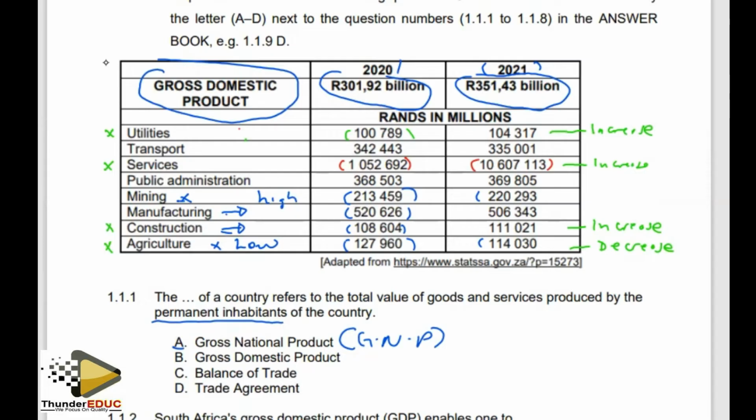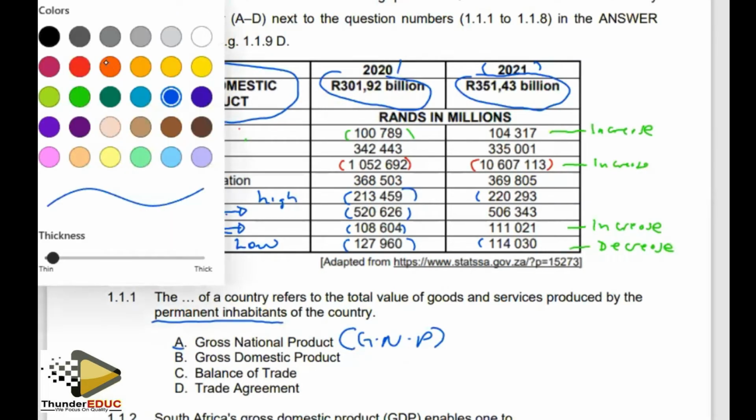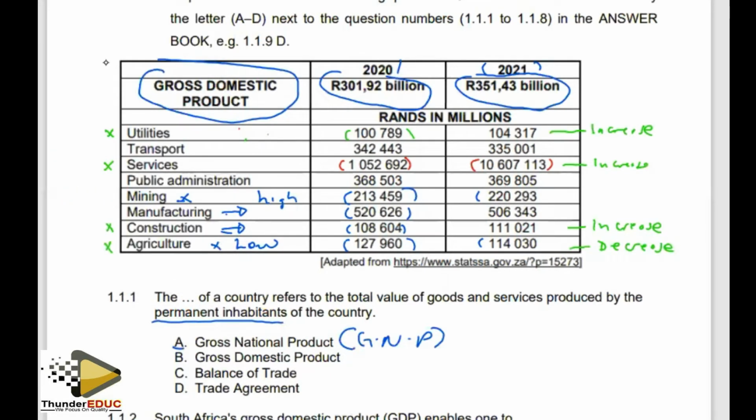Let's try to use a different color. Let's use purple. So under the primary sector, we have agriculture and mining.